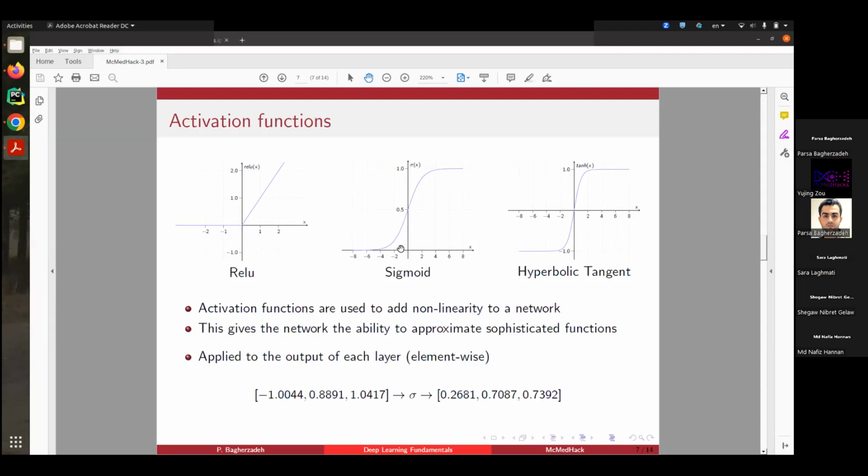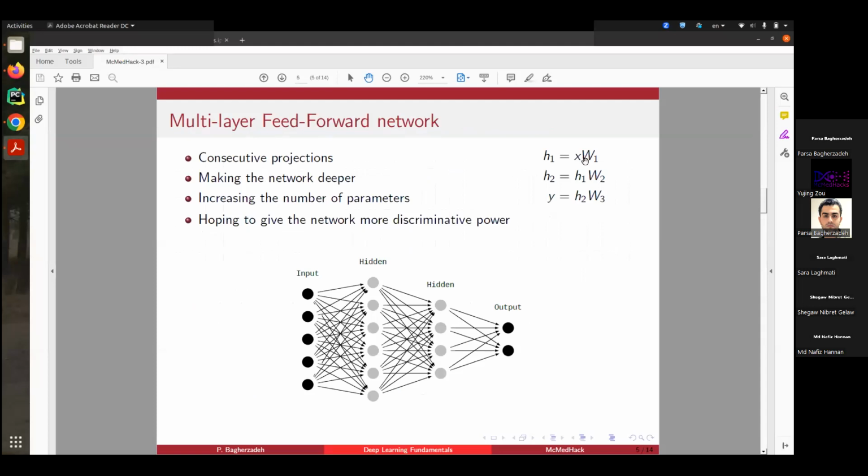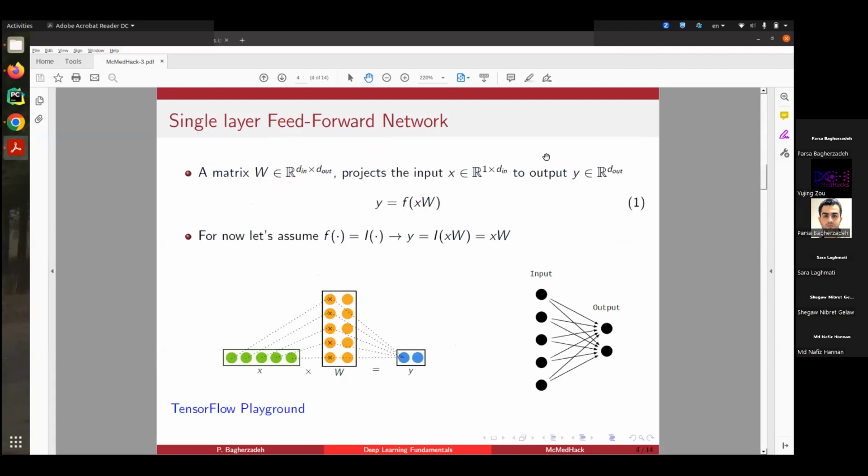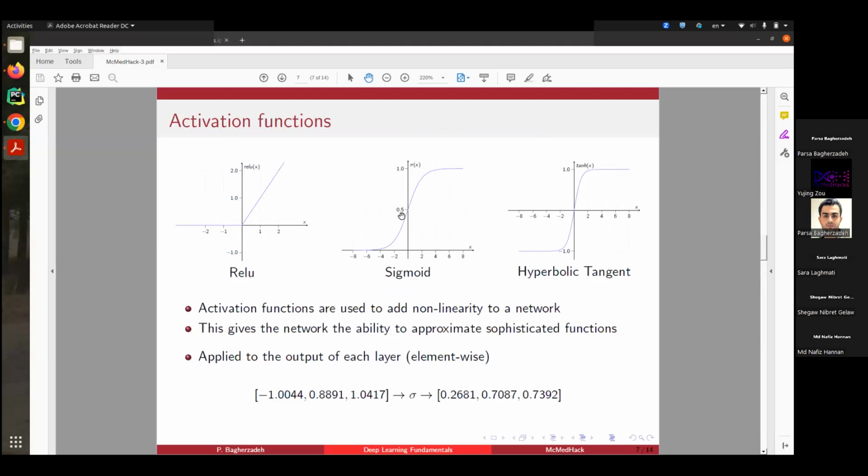So -1 is mapped to about 0.27, 0.88 is mapped to about 0.70, and 1 is a little bit farther and is mapped to 0.73. So with activation functions, after you did your multiplication, your projection, you apply the activation function of your choice to the elements in the vector.